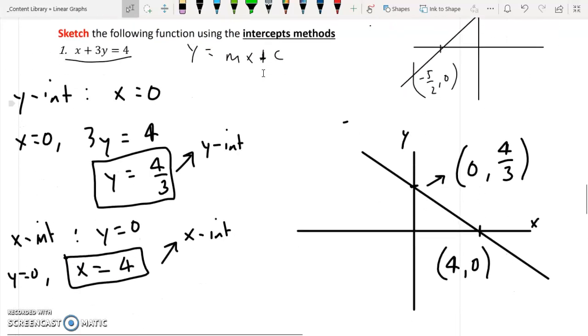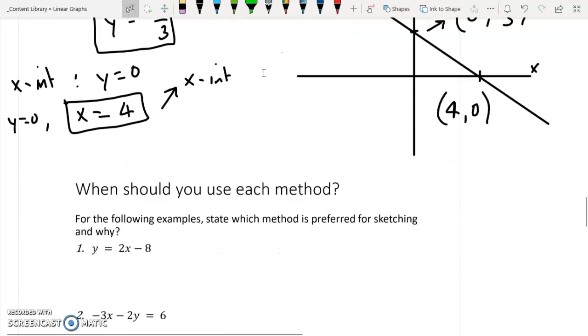So as you can see, using that method eliminates the need to rearrange into this format. Because it's a straight line, our 2 axes intercepts act as the 2 points that we need, and therefore it's an easier method.